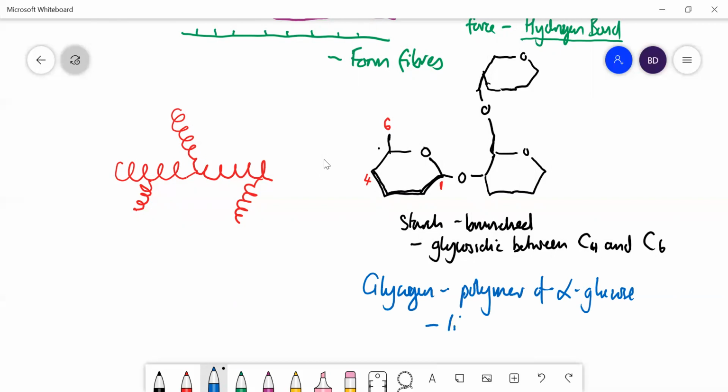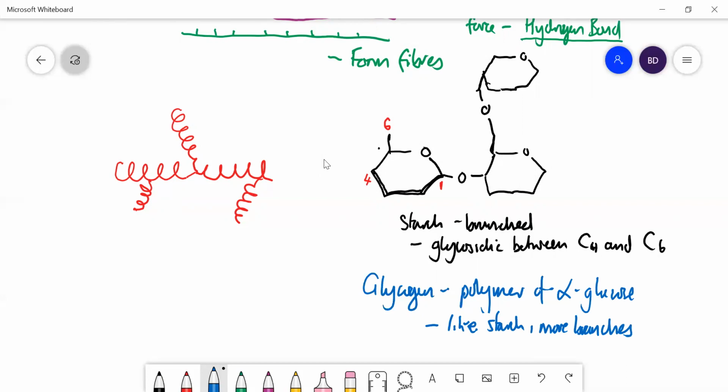It's like starch, but it's got more of these branches. Okay, so apart from that, extremely similar to starch, and it's a storage molecule. It's where glucose is stored in the liver and in the muscles. You may remember that when you're doing control of blood glucose at GCSE. Glycogen is important for that.